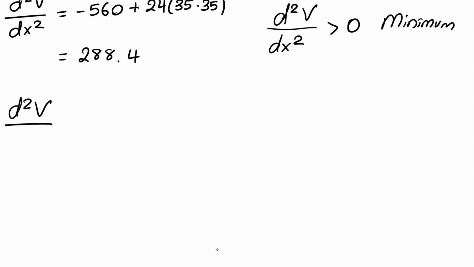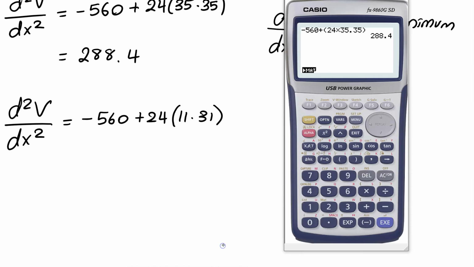So d squared v over dx squared equals negative 560 plus 24 multiplied by 11.31. Back to my calculator: negative 560 plus 24 times 11.31.